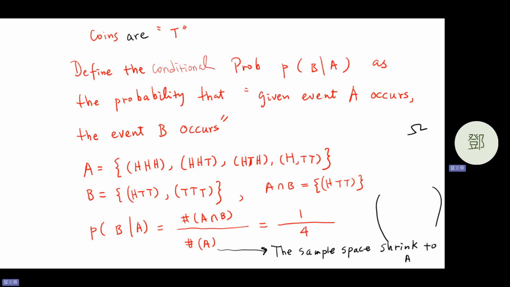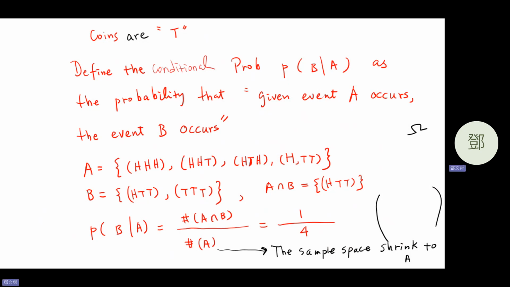Those are all the elements of A. B is the event that the second and third coins are both tail. So what is the intersection of A and B? The intersection of A and B is HTT. Let us calculate the probability of B given the condition that A occurs.